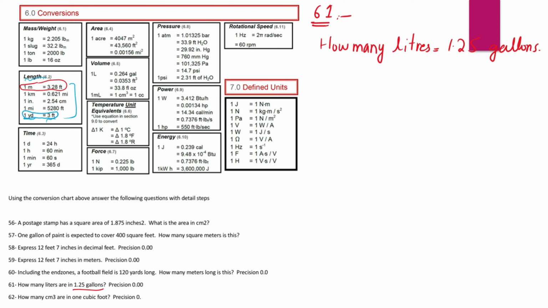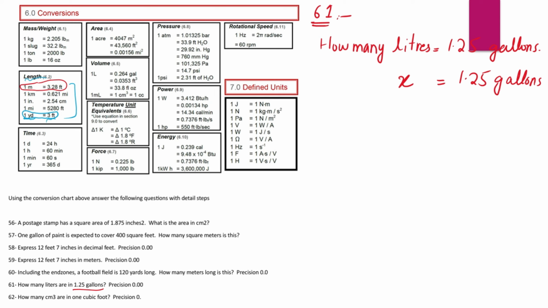So you can say 1.25 gallons is equal to x liters. You need to find the value, right? So I am writing 1.25 gallons equals x. Simple. So let's find the value of x.